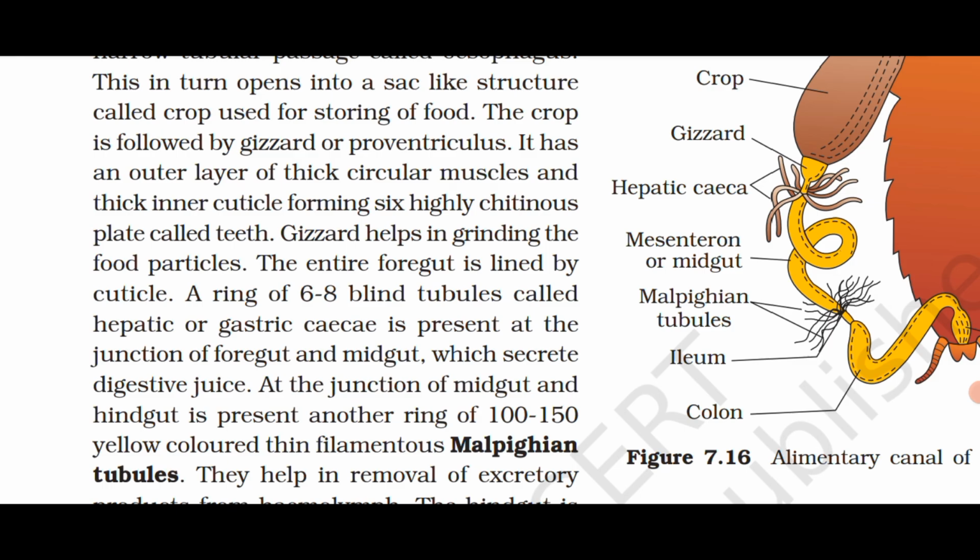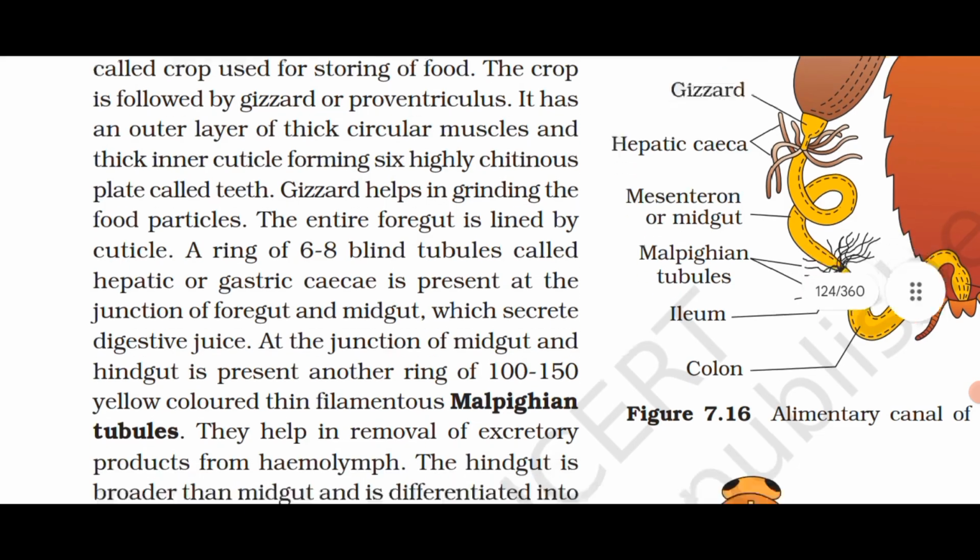A ring of 6 to 8 blind tubules called hepatic or gastric caeca is present at the junction of foregut and midgut, which secrete digestive juice. At the junction of midgut and hindgut is present another ring of 100 to 150 yellow-colored thin filamentous Malpighian tubules.